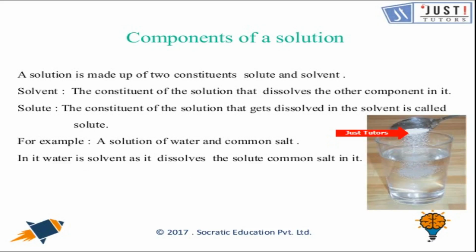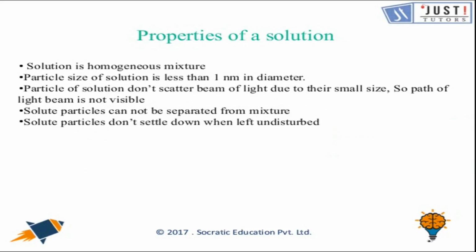Now let's move on. What are the properties of solutions? First of all, it's a homogeneous mixture and the size of the particle is very small, around 1 nanometer. It cannot scatter the beam of light because the particle size is very small.